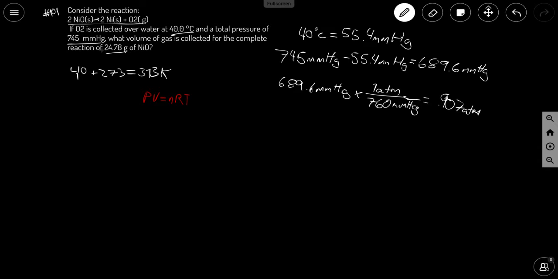It says here that we're given 24.78 grams of NiO, so we'll go ahead and convert this into moles to start off with. Nickel has a molar mass of 58.7, roughly. Oxygen, it's 16. And when you add those together, 74.7.